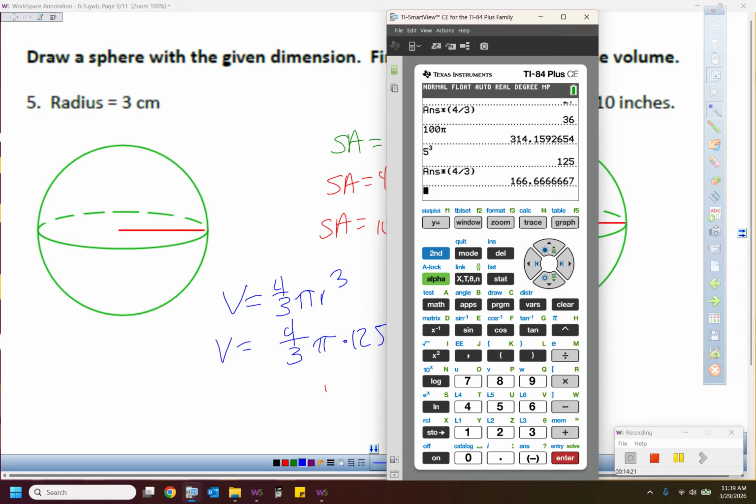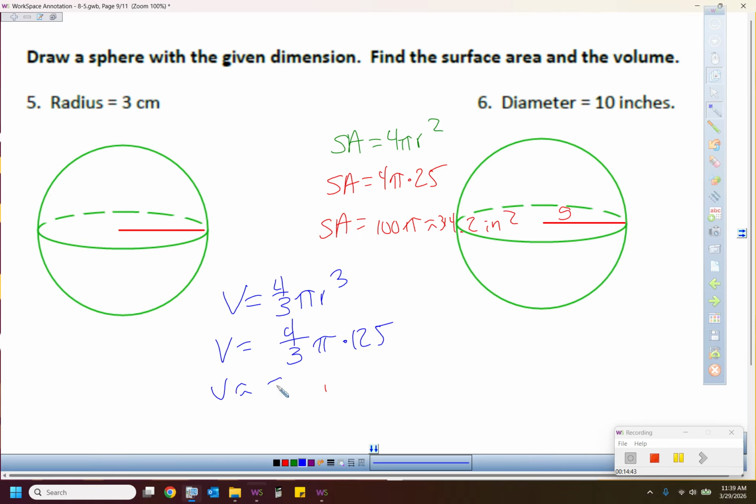So this is the first one that is just like those other problems on homework. So we're just going to not write him down and take this times pi. And I got 523.6 approximately. 523.6 inches cubed. Won't come out nice a lot, you know, so we'll just take that number times pi.